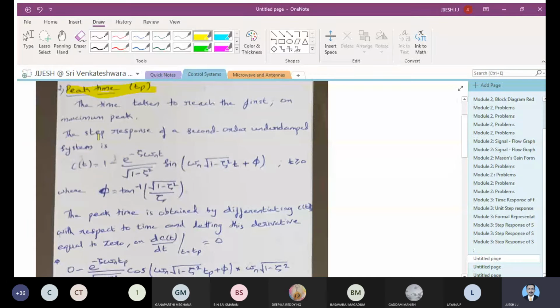So C of t is equal to 1 minus e to the power of this expression. You need to study this equation because you cannot derive it in the examination. You will not be able to spend so much time deriving this. So study it so that you can use it for further explanation of peak time, settling time and so on. C of t is equal to 1 minus e to the power of this expression, where phi is equal to tan inverse of root of 1 minus zeta square by zeta.